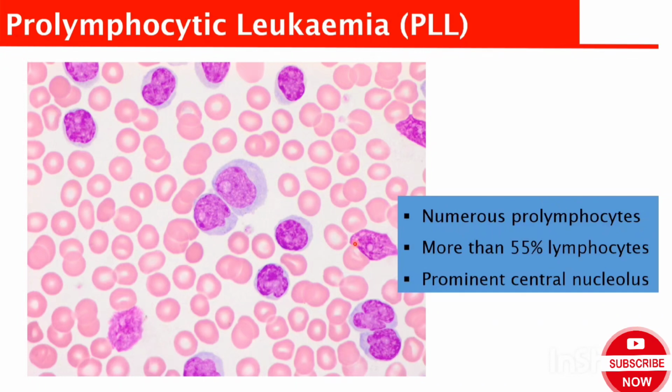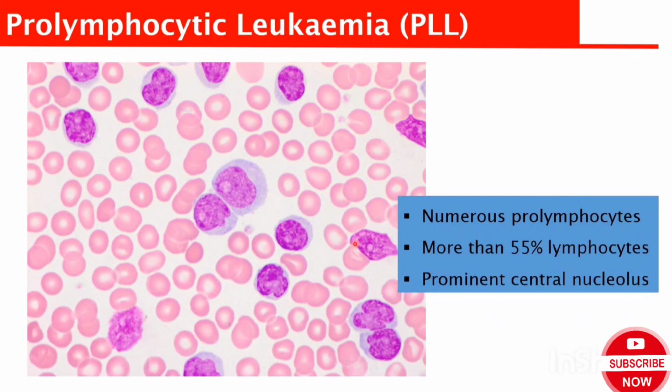So I'm trying to present you guys pictures. So when you go for an interview, they say, what do you think you can see? Or even if they ask you generally, what are the types of leukemia? Maybe what are the types of lymphoid leukemia? Or what are the types of acute lymphocytic leukemia or chronic lymphocytic leukemia? Whichever they ask, I've already mentioned this, you can give these examples.